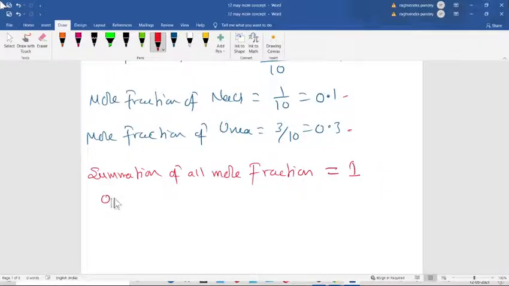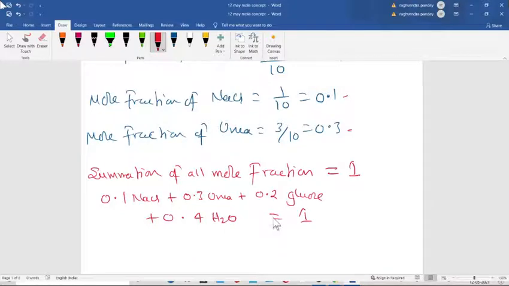Because that is 0.1 for NaCl, 0.3 for urea, plus 0.2 for glucose, plus 0.4 for water. So that will lead to 1. Whatever we add, it is always 1. If you take anything, it is always 1.